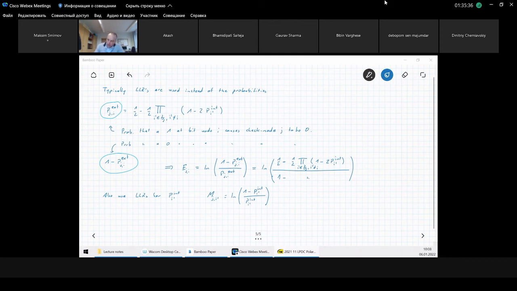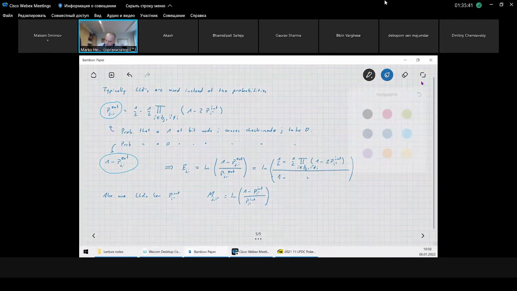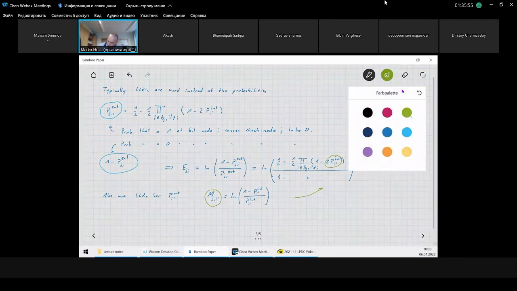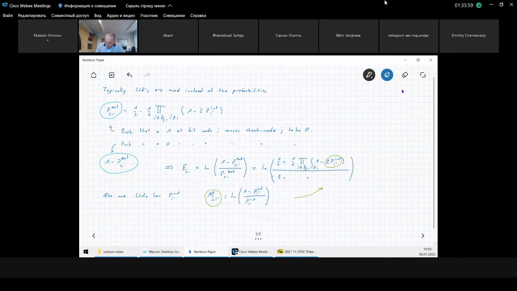And now basically what I want to do is get this green one, M_jI prime, in here.